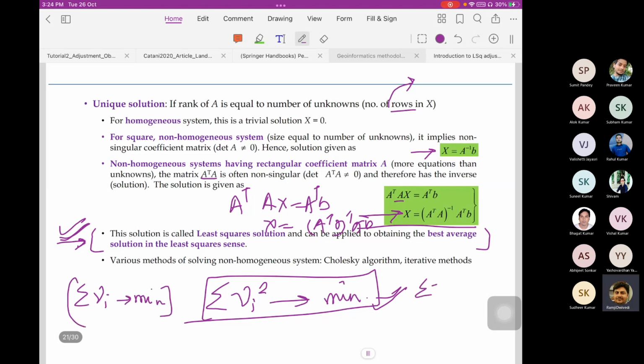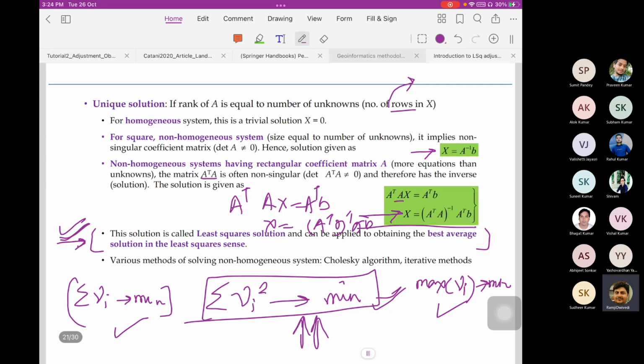then these are also equally applicable, isn't it? If you do not give the proof for this one, then obviously they are also applicable, and people will get confused why you are going with summation vi square is to be minimum.